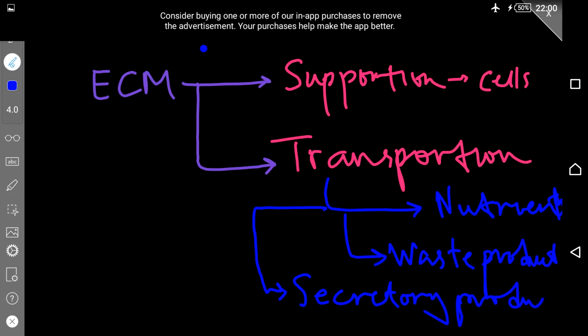These secretory products, or the products that are being secreted, are also transported by the extracellular matrix from the cells or from the glands that produce these products, and after that they are thrown into the blood, and through blood they could reach their target organs. So this is the total and complete function of the extracellular matrix.